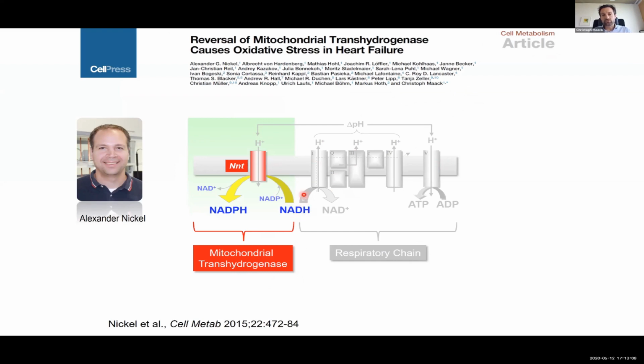NADH delivers electrons to the respiratory chain for the proton gradient and the ATPase driving force. But the same proton gradient fuels the transhydrogenase reaction to produce NADPH out of NADH. And since this is coupled to the proton motive force, the equilibrium of this reaction is shifted very much in favor of NADPH regeneration.